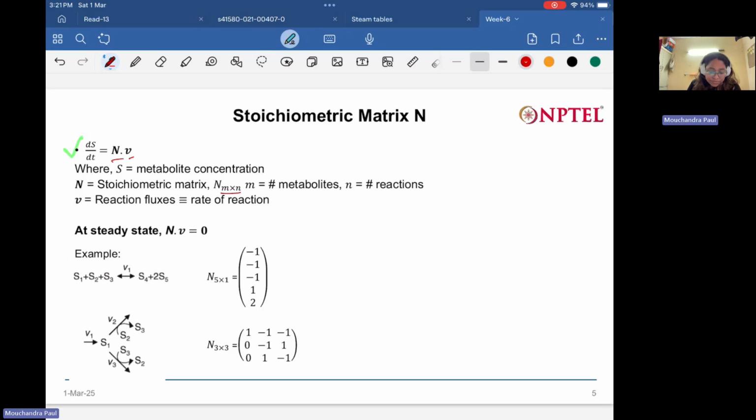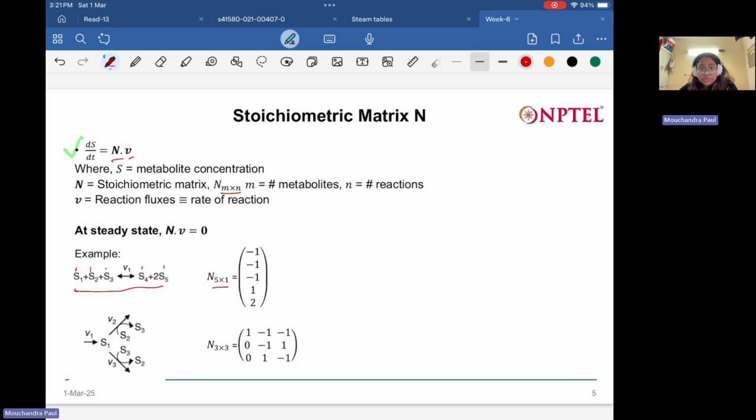For example, if this is a complex reaction with 5 metabolites, S1, S2, S3, S4, and S5, and the rate of reaction is V1, there is only one reaction involved. So we will write a 5 by n matrix.